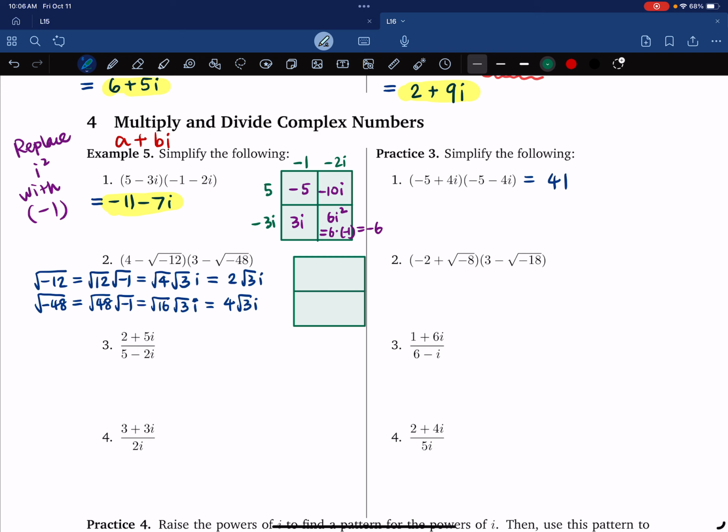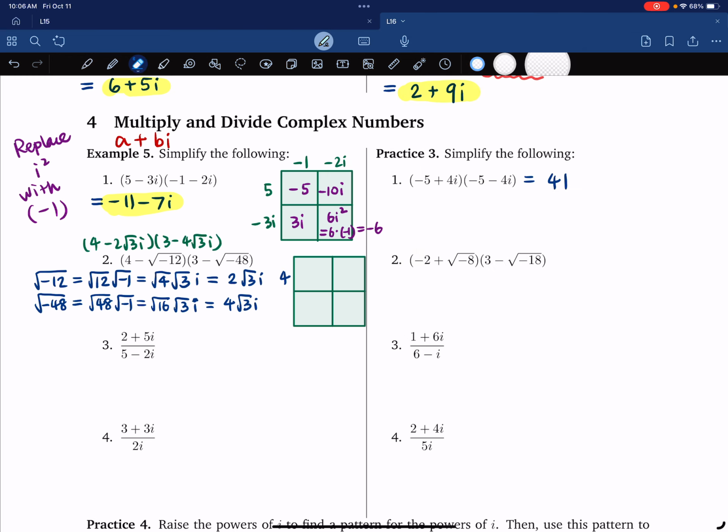Divide the sides into 2 because we have the real and the imaginary part. Write down the numbers. So we have 4. If you have trouble, we could rewrite the original expression. So it's 4 subtract the square root of negative 12, now 2 radical 3i, times 3 subtract the square root of negative 48, now 4 radical 3i.